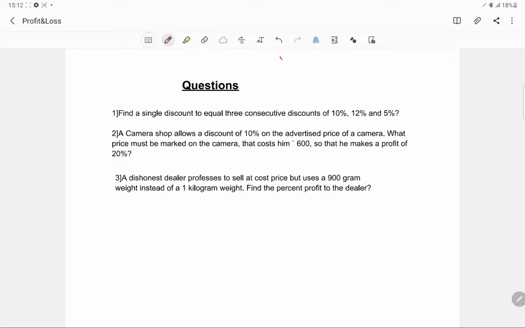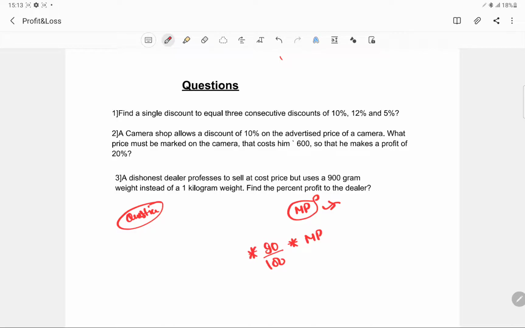Find a single discount to equal 3 consecutive discounts. Just try and see this. For example, let's do question 1. Say a shopkeeper marked up the price and the price became MP. Now he offered a discount of 10%, so the price was 90 upon 100.